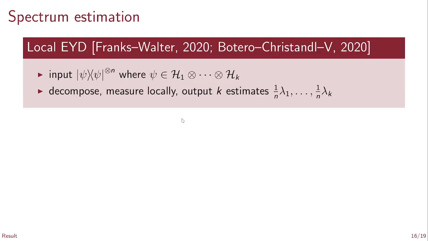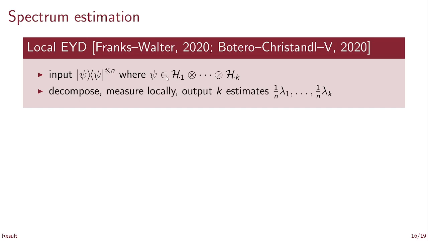What we need in this problem is a simultaneous version of this, or a local version of this empirical Young diagram measurement. In this case, the input is n copies of the k-partite state, and each of the parties has access to n copies of their own subsystem, so they can perform this empirical Young diagram measurement on their part.